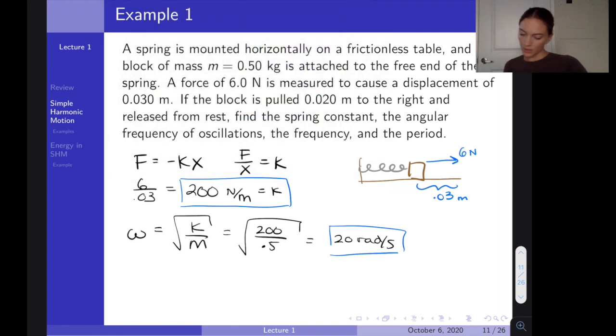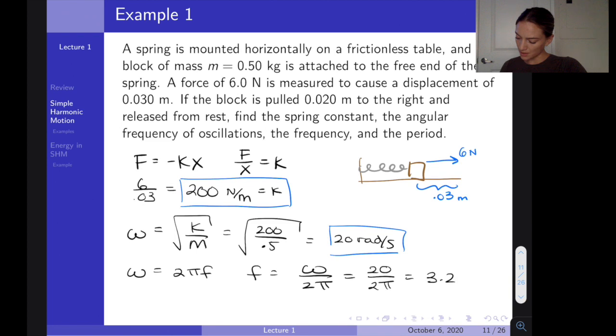And now we want to find the frequency. Remember, omega is 2 pi times f, so that means the frequency is omega divided by 2 pi. So the frequency is 20 radians per second divided by 2 pi radians, and that gives us 3.2 hertz.